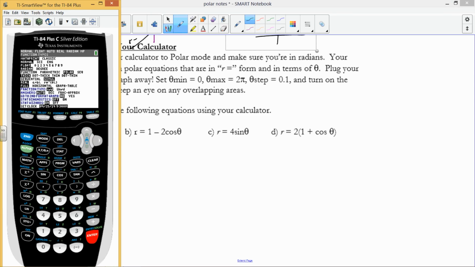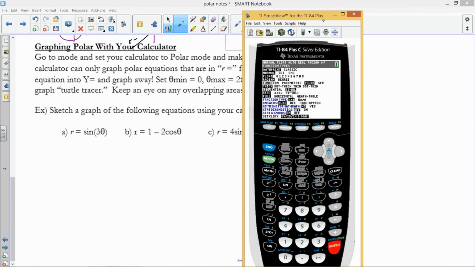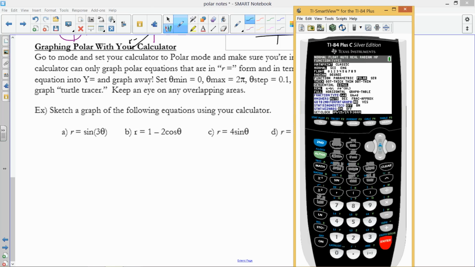I'm going to set my theta min to 0 and max to 2 pi in my window, because that's just a good way to go, and it's actually already there. Set your theta step to 0.1. 0.13 would be fine, but I'm just going to make it 0.1.